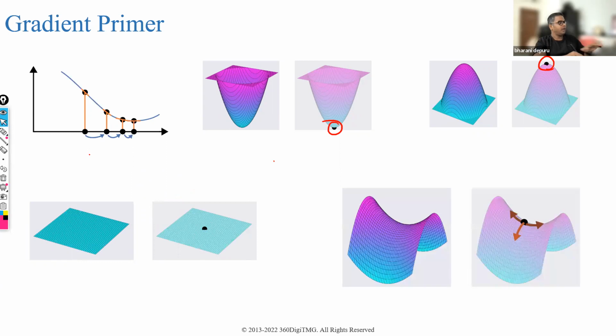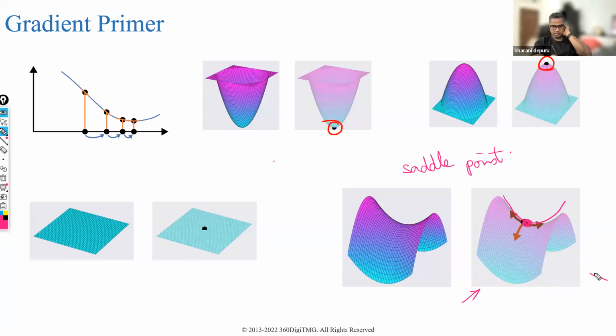And then there is also something called a saddle point. A saddle point is like the saddle that you put on top of a horse if you do horse riding. If you view this from this side, it appears as if it's a minima.